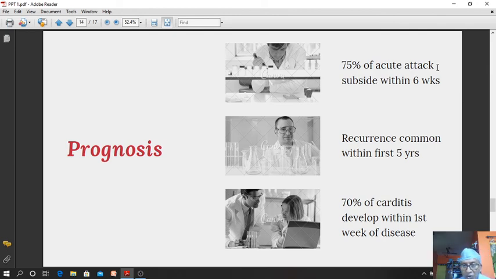As far as the first point is concerned, only 25% are going to suffer. 75% subside within 4 to 6 weeks.